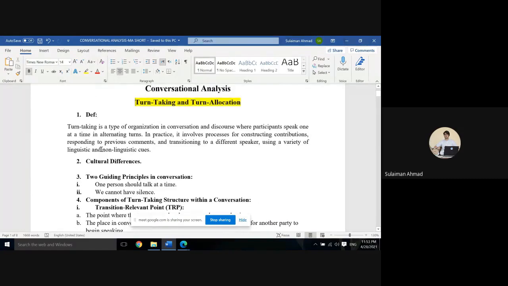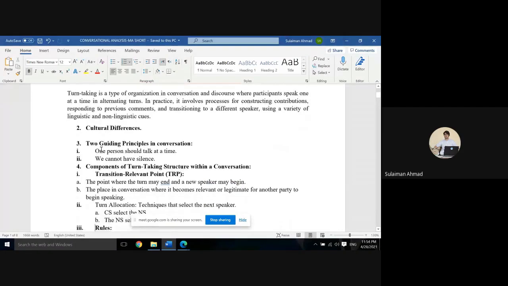To conclude so far, turn taking and turn allocation are part of our day-to-day conversation, but there might be cultural differences. The structures of turn taking and turn allocation may vary from culture to culture, right? There are two basic guiding principles for the conversation. Only one person should talk at a time, and we cannot have long silence, right?